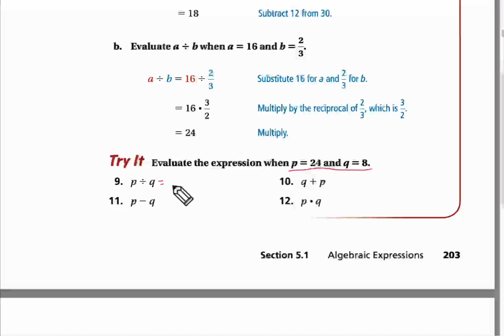Substitute 24 for p and 8 for q. So it will be 3. Yes, you should give me the expression first. 24 divided by 8, then do the calculations and tell me the answer. Okay, thank you, Ahmed.